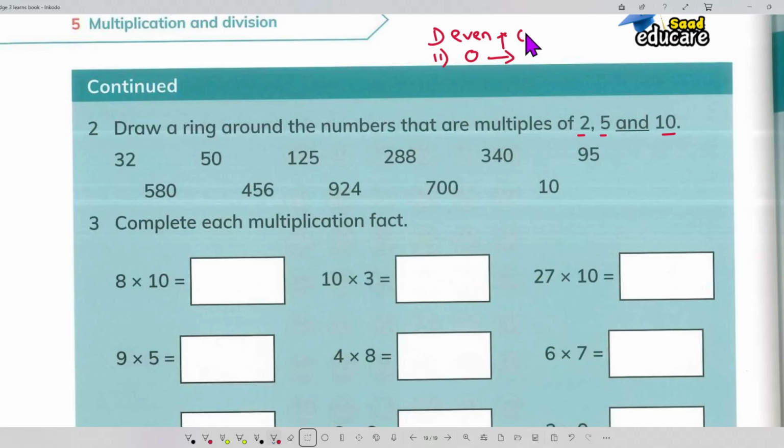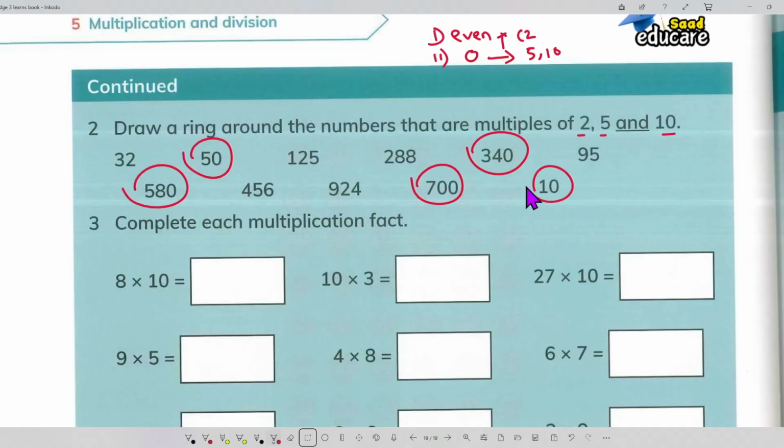It can be divided by 2, and also by 5 and 10, right? So 50, 340, 580, 700 and 10. Now look, this is 32. We can divide by 2, but we cannot divide by 5 or 10. But for the circled numbers 50, 580, 340, 700 and 10, we can divide by 2, by 5 and by 10, right?